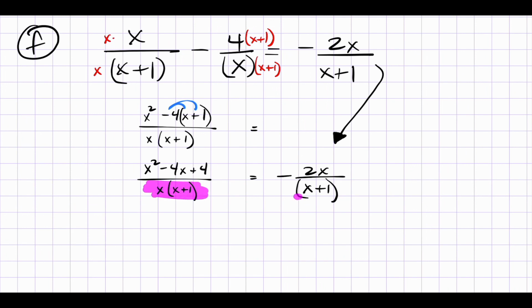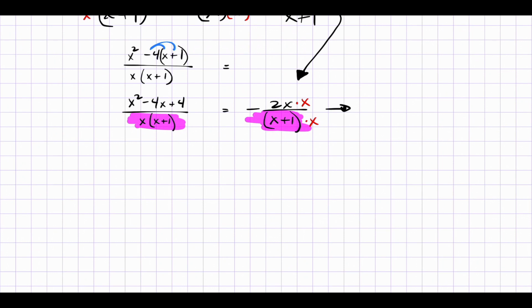So the common denominator for these two guys is going to be x plus 6, x plus 1, x and x plus 1. I already have the x plus 1. I just needed an x.